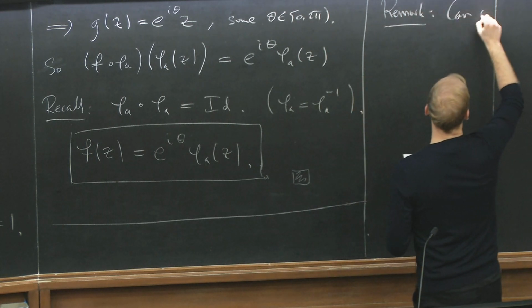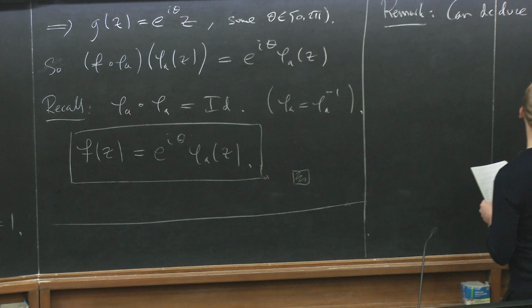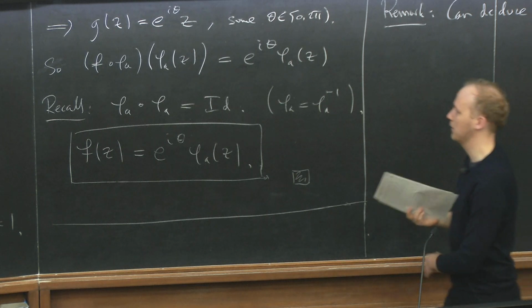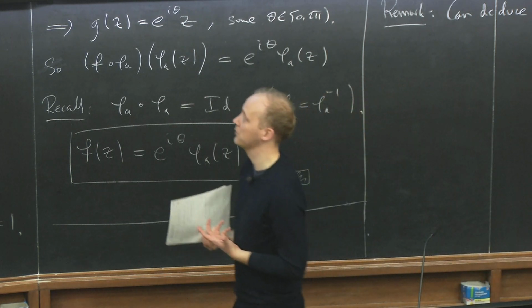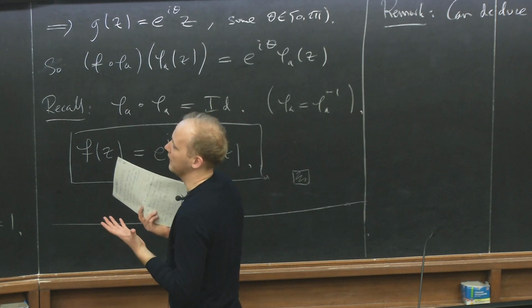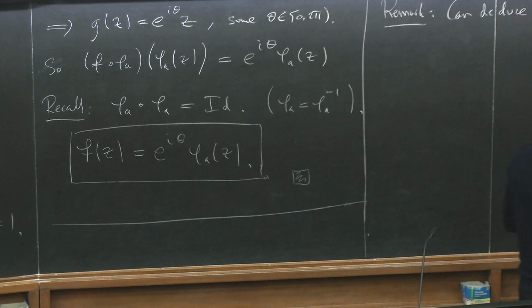So the remark is that we can deduce similar results. Now we know exactly how to characterize the automorphisms of the unit disk. The unit disk is a very nice domain in the complex plane, so it seems like this is a very special result. But the remark is that it can actually say something about a very large variety of open, simply connected domains in the complex plane.